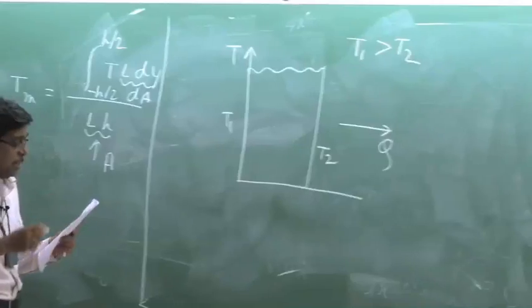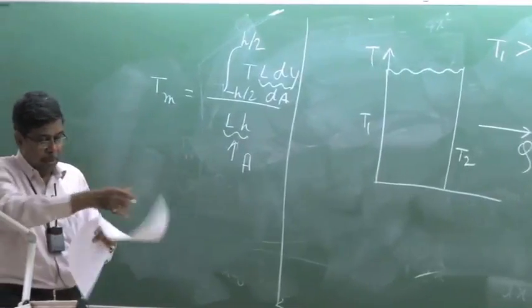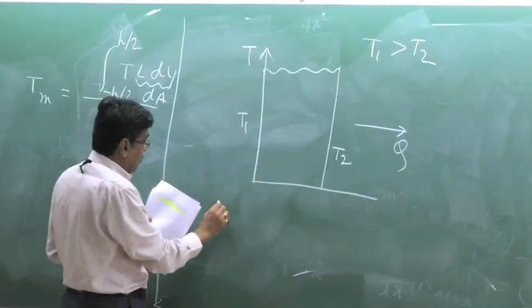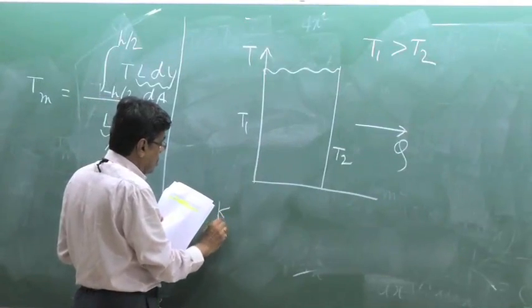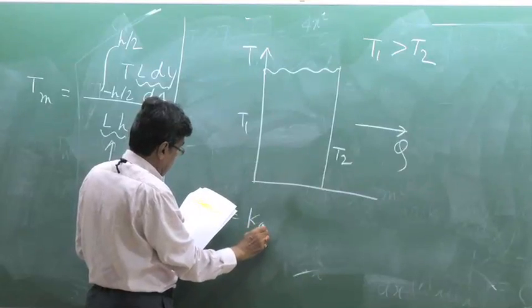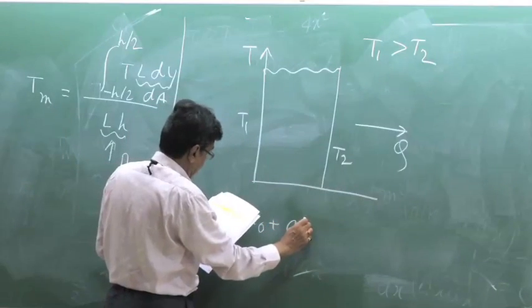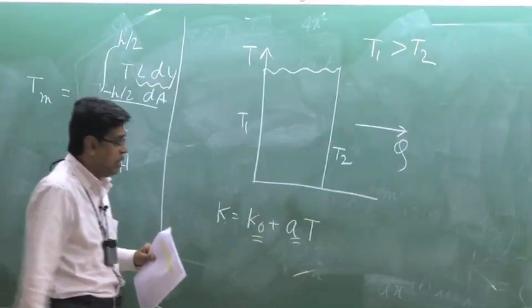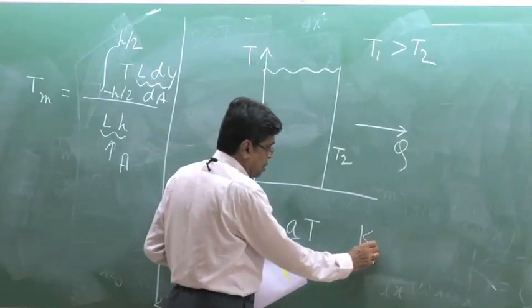Now the problem is this: the thermal conductivity of this plane wall is given by K equals K0 plus A into T, where A is a constant and K0 is a constant which is greater than 0.